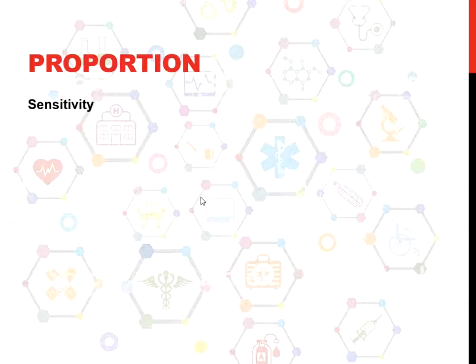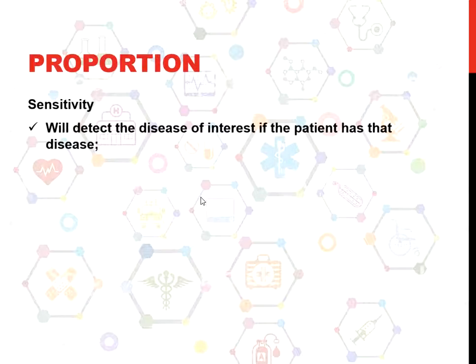Sensitivity. So ito na yung ating uses of proportion in the laboratory. So sensitivity will detect the disease of interest if the patient has the disease. So kumbaga kahit mababa yung titer niya or konting-konti lang yung present na amount ng disease, madedetect ng sensitivity. So target of sensitivity is that all people with the disease will test positive.